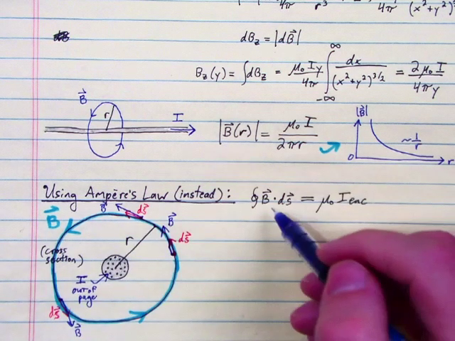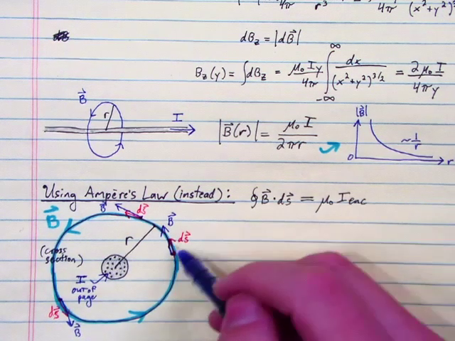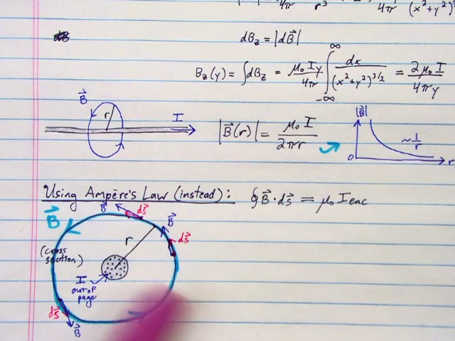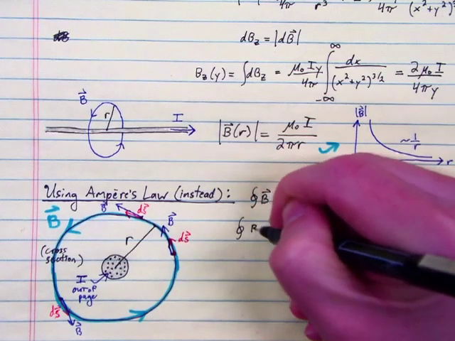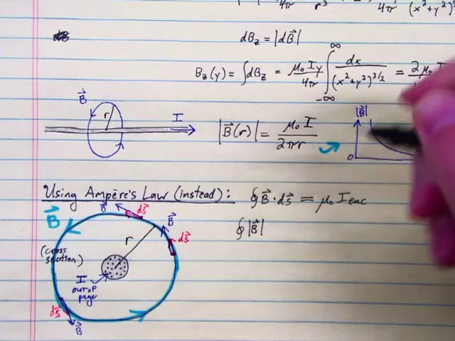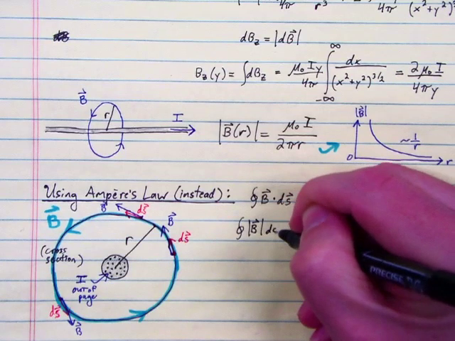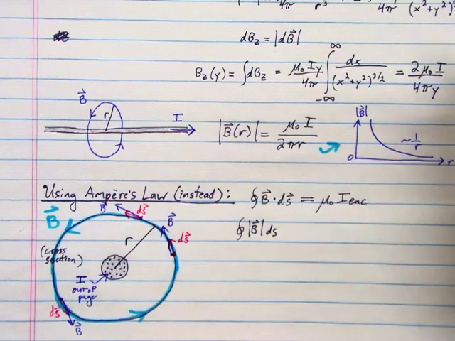So in the dot product here, our angle between those two vectors is 0, so cosine of that 0 is 1, and our dot product simplifies to give us just the magnitude of B times the magnitude of ds, and we've handled our dot product.